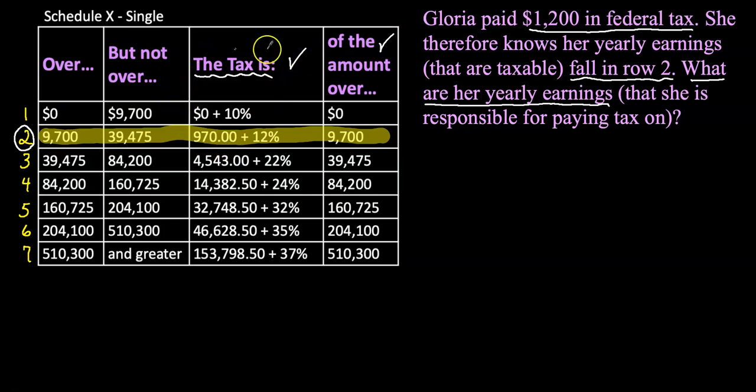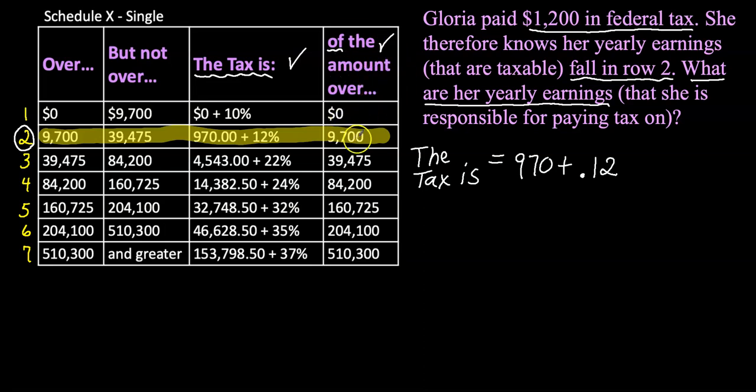If you look at the heading of column 3, it says the tax is. I'm going to write that down. The tax is. And we know what the tax is in this problem, right? It's $1,200. So it says the tax is equal to $970 plus 12%, and I can write 12% as a decimal, 0.12, of, which implies times, the amount over $9,700.